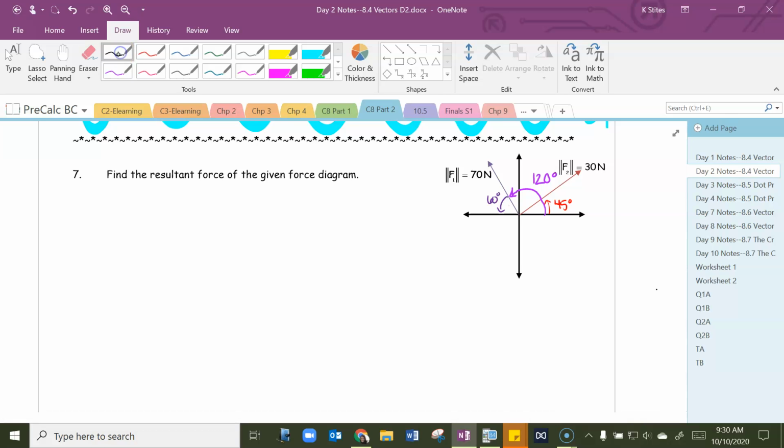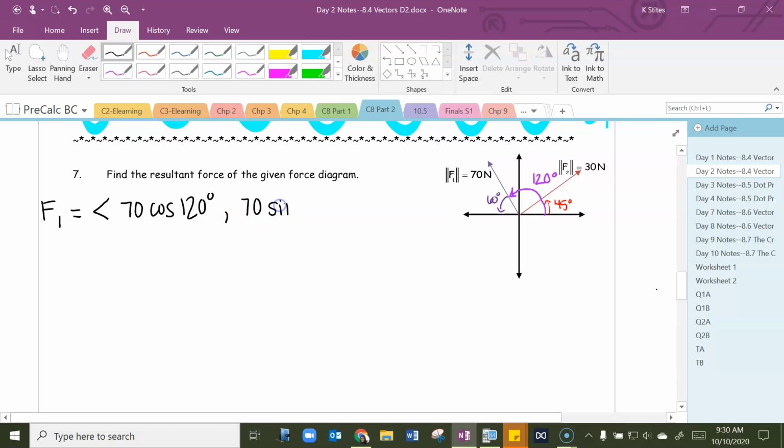All right, so the reason that's important is when we do our force 1, and we find our x and y component, again, which is magnitude cosine theta, magnitude sine theta. Our magnitude is 70. Cosine, we're actually doing cosine of 120, not cosine of 60. And that's because the 120 puts us into the correct quadrant.